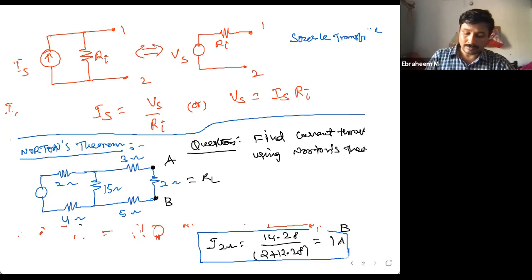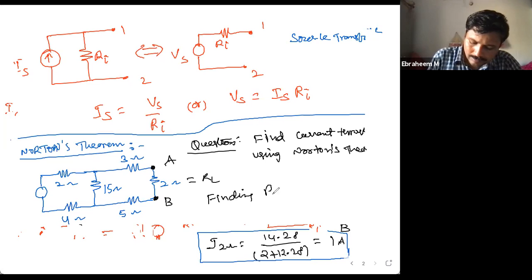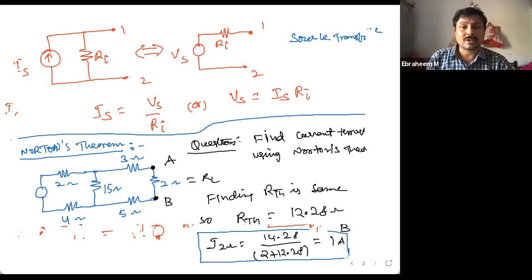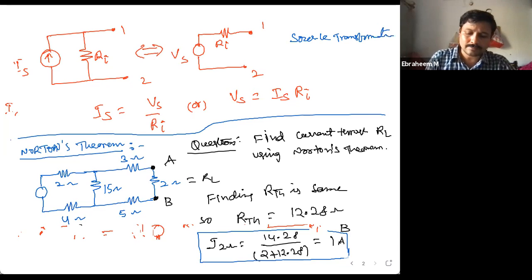Finding RTH is the same. RTH is equal to 12.28 ohms, as we solved the same circuit using Thevenin's theorem. Whether it is Thevenin's or Norton's theorem, finding RTH is the same procedure. Is it clear? Yes, sir.